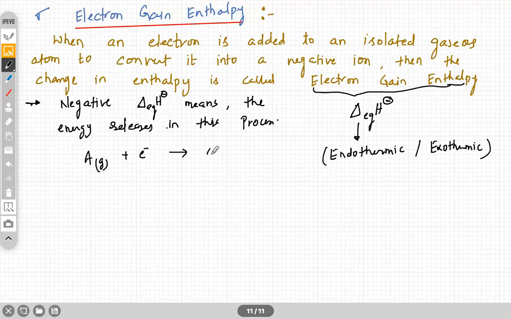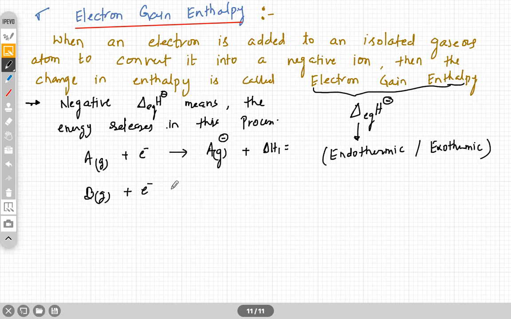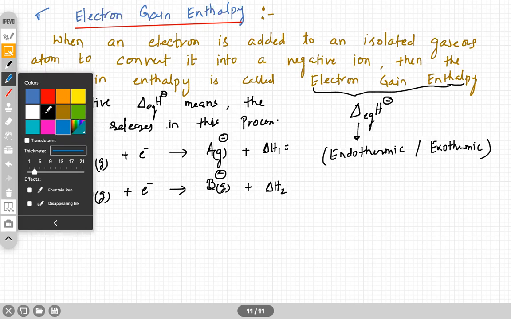It converts into A negative ion, and some energy comes out, delta H1. Another atom B gas plus an electron converts into B minus, plus some energy comes out in this process also. So this value is mostly negative.